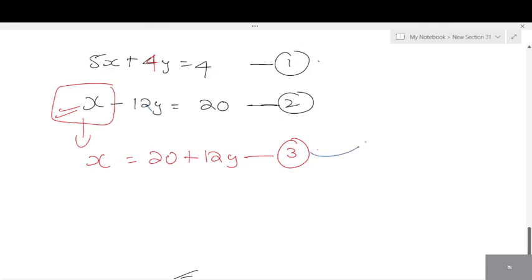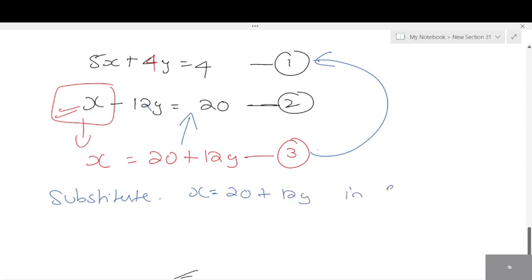Because this equation we have taken from the second one, right? So don't substitute there. Right here, substitute x is equal to 20 plus 12y in equation 1.